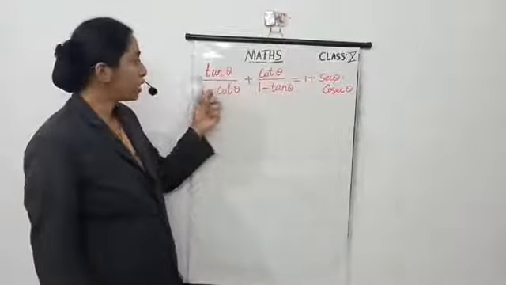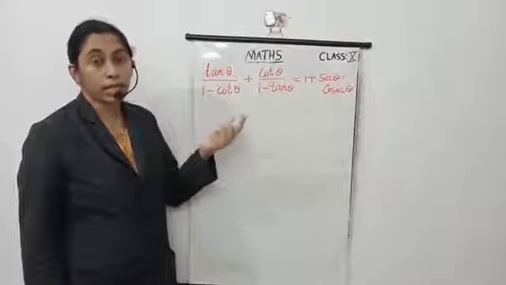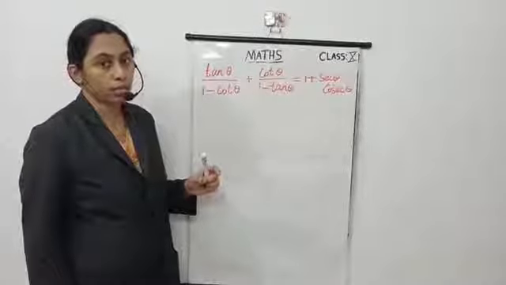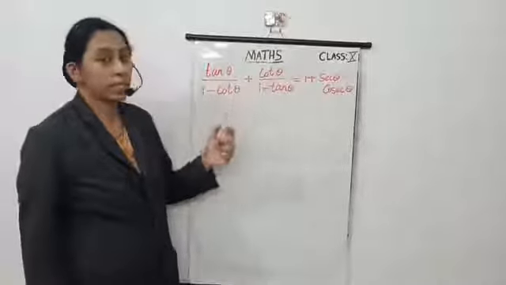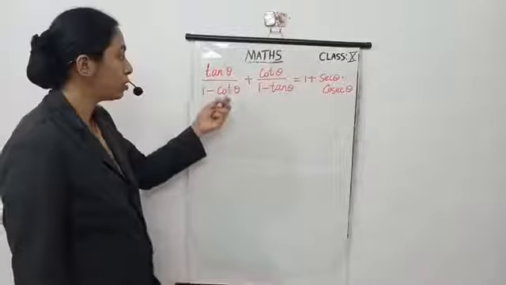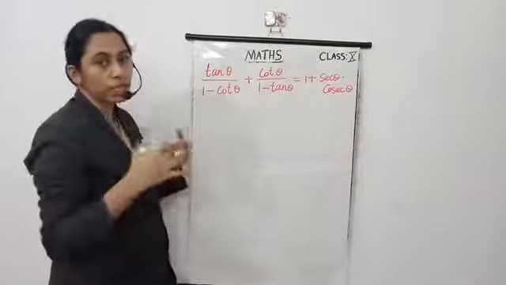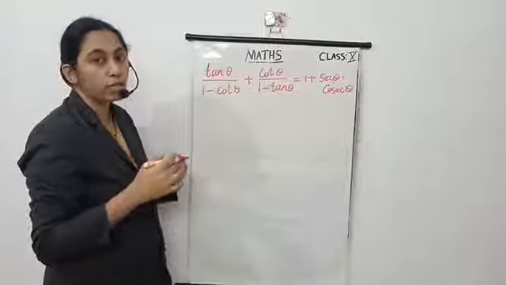Now consider here tan theta. Tan is sin theta by cos theta. Do you remember? Then cot is cos theta by sin theta. So substitute that here. First we write this LHS portion in terms of sin theta and cos theta.